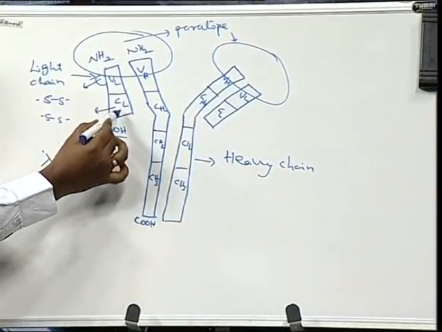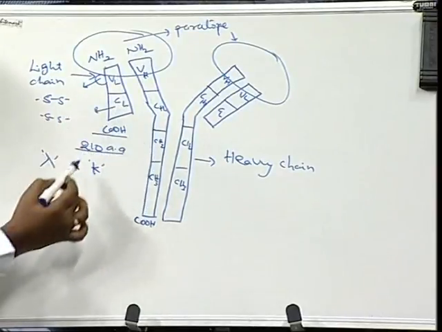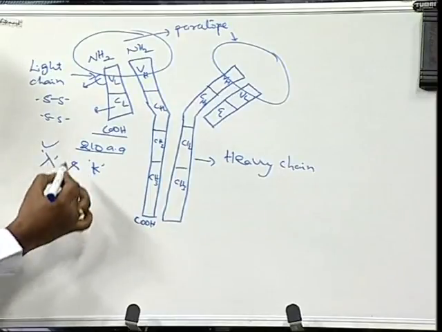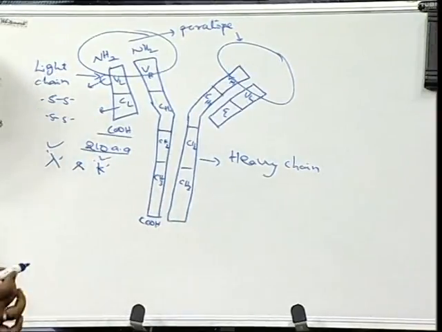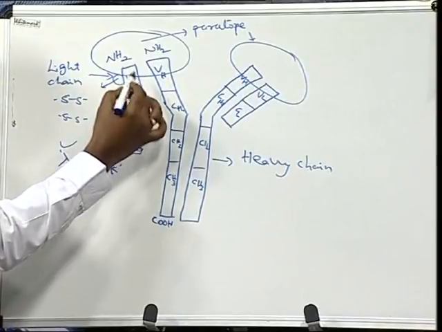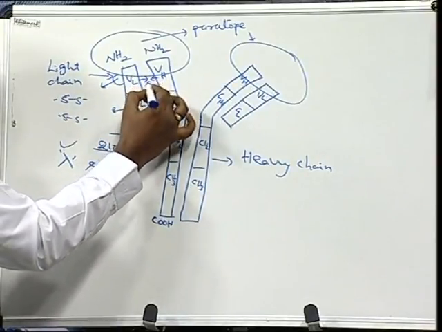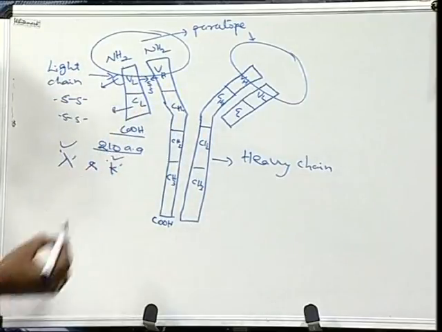So, based on the constant region, the light chain is divided into the lambda chain and the kappa chain. This light chain can also form interdisulfide bonds with the heavy chain.